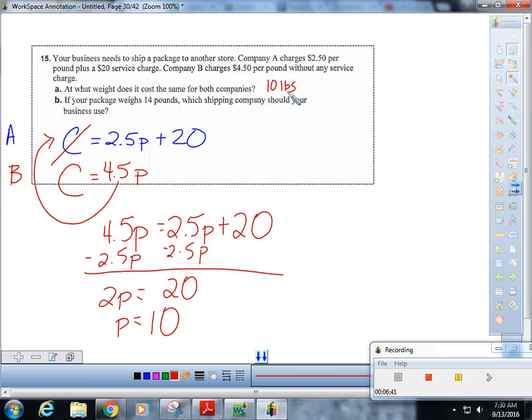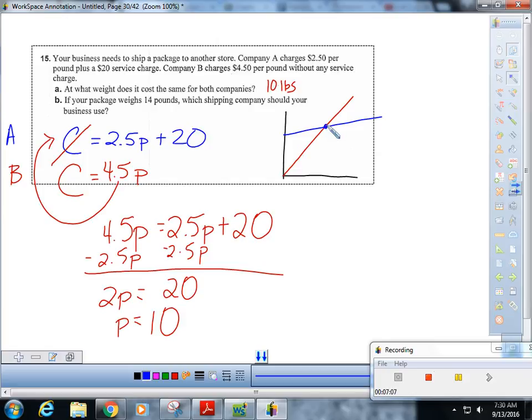If your package weighs 14 pounds, which shipping company should you use? Here's how you could visualize this. Which one has a higher slope, blue or red? Red does. Red starts at 0, but gets expensive. Blue starts at 20, but it's relatively cheap.